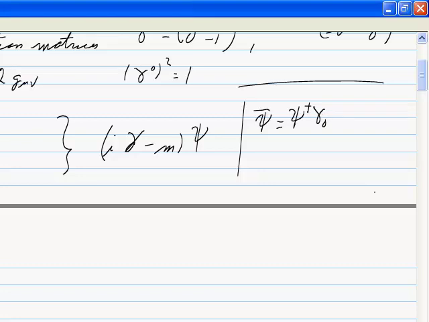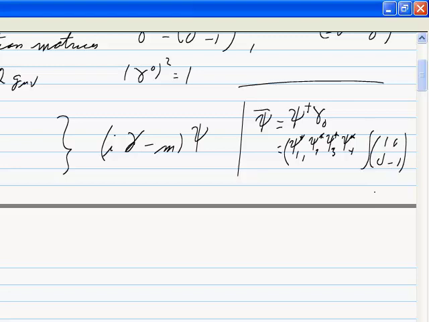So if psi is a column vector, psi bar is then a row vector, and you multiply it from the right with gamma 0, it's still a row vector. So this is something like psi star 1, psi star 2, psi star 3, psi star 4 times the matrix gamma 0.